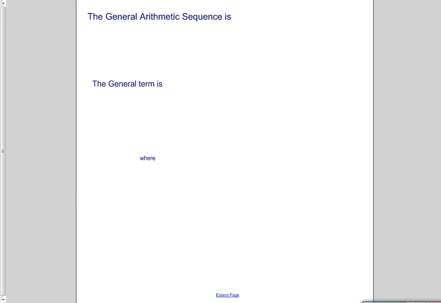So to recap it as a summary, your general arithmetic sequence is always the initial term, the initial value, add a common difference, add 2 common differences, add 3 of them, and so on.